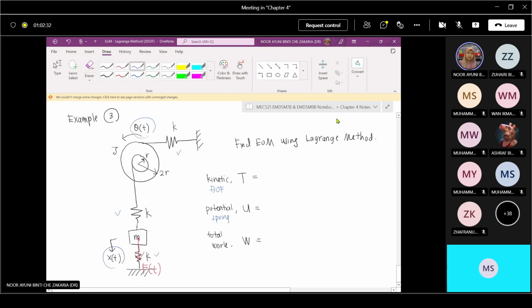Okay, and total work relates to given force minus loss energy, which is the damper.